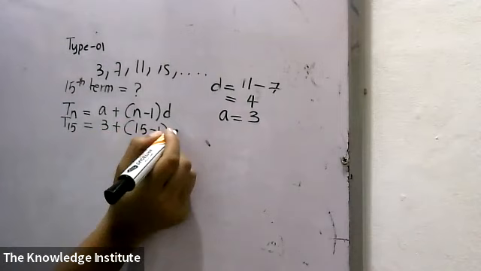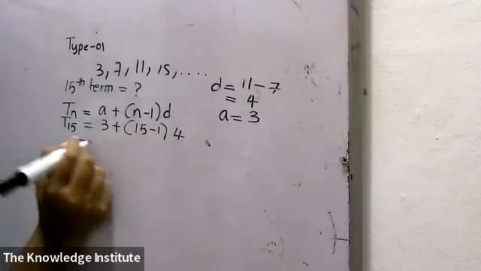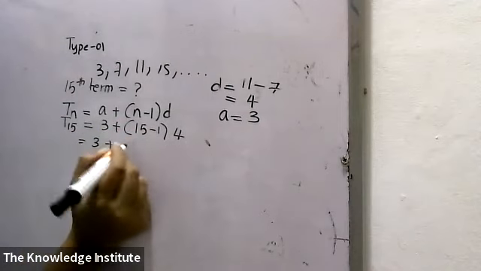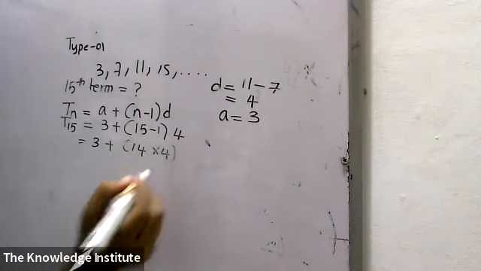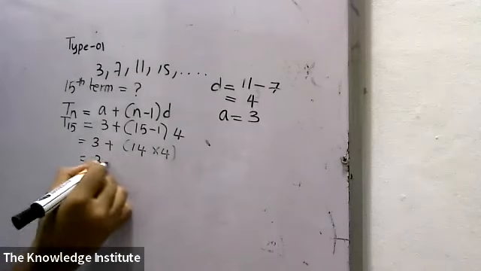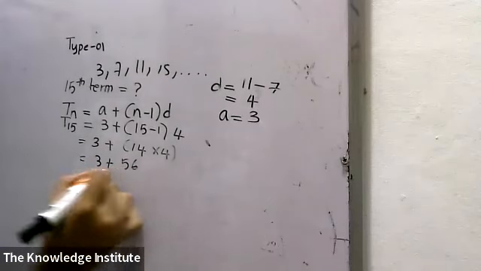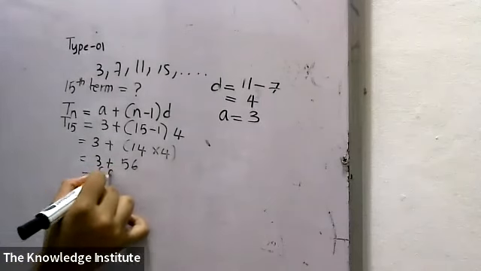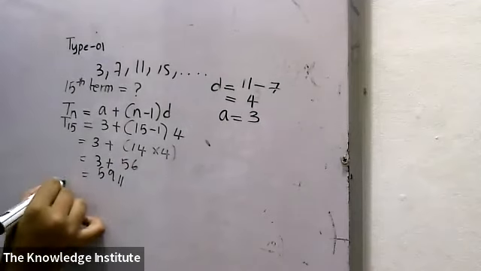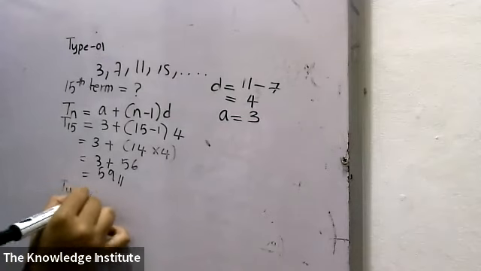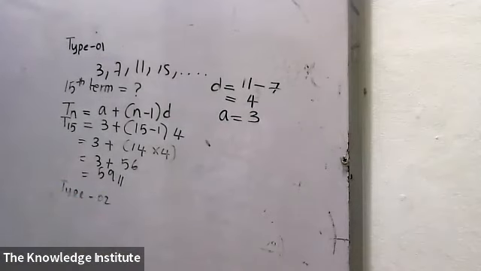What is the d value? 4. 3 plus (15 minus 1), which is 14, into 4. 14 into 4 is 56. 56 plus 3 is 59. Did you understand the first type? Yes or no? Understood. Okay.